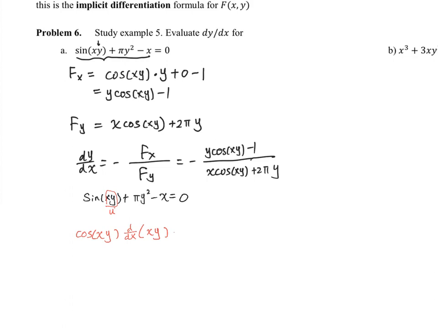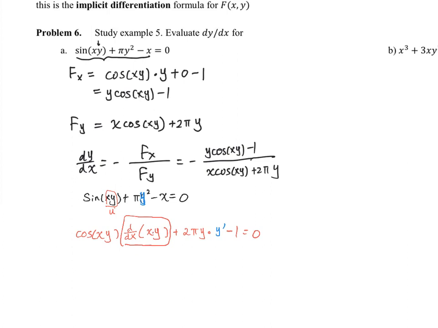d/dx of xy plus, the next one should be easy. It's going to be 2 pi y times, you have to treat y as an inner function, so y prime, and then minus 1 equals, the right hand side is just 0. The reason I do this separately is that we have two functions, x and y.